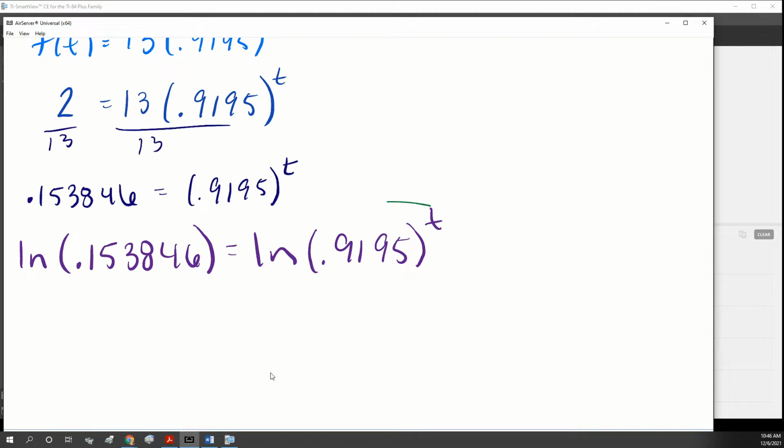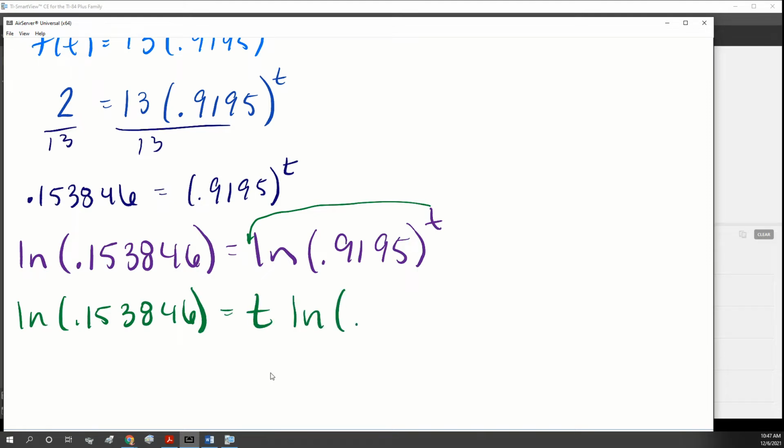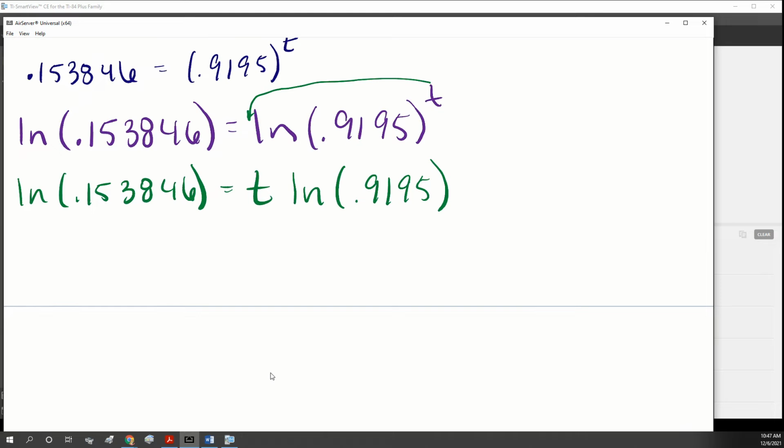Okay, so now I can use that exponential property and bring down that T in the front of the logarithm. Okay, and then finally, to solve for that T, we're just going to divide by that logarithm.